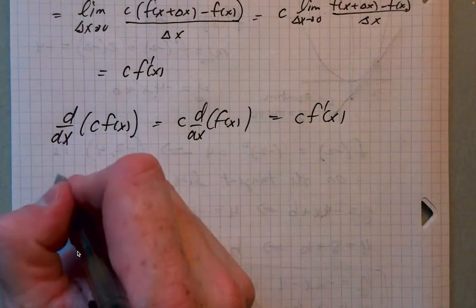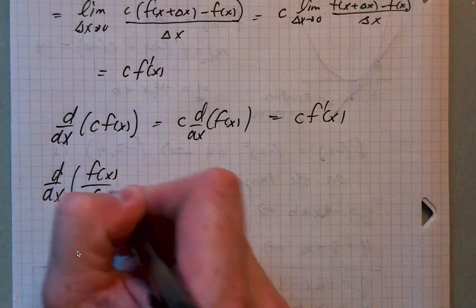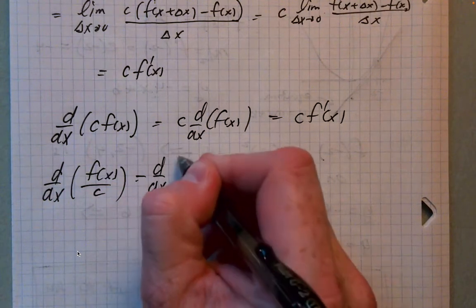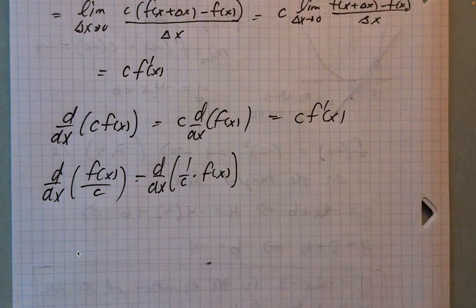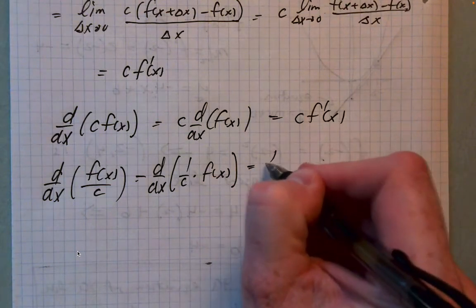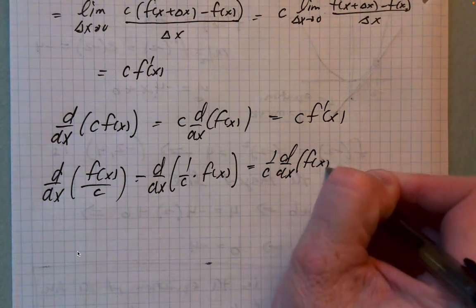Now this also works naturally when you have something like this, right? Because you can just think of that, of course, as 1 over c times f of x, right? So if you think about that in this sense, it's the same thing. And so you can pull that out and then calculate the derivative of just f.